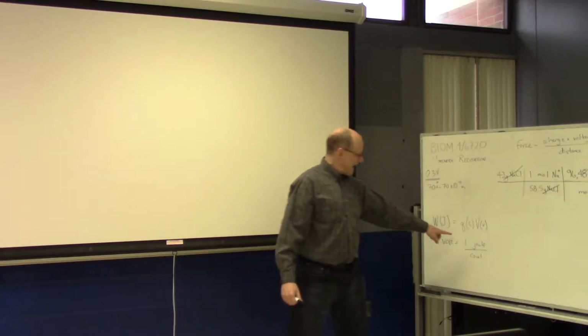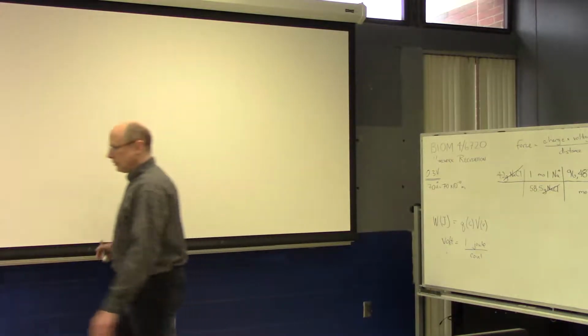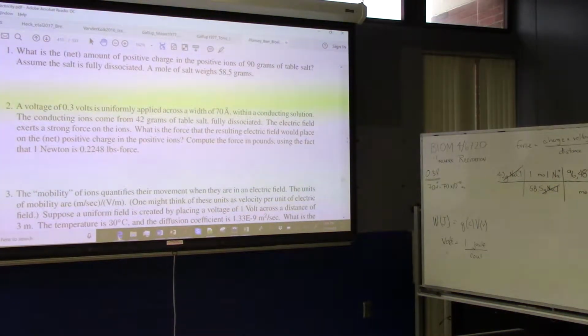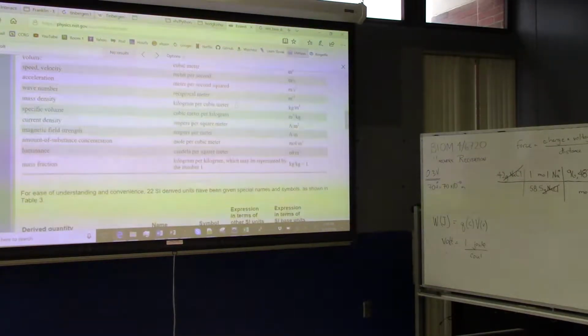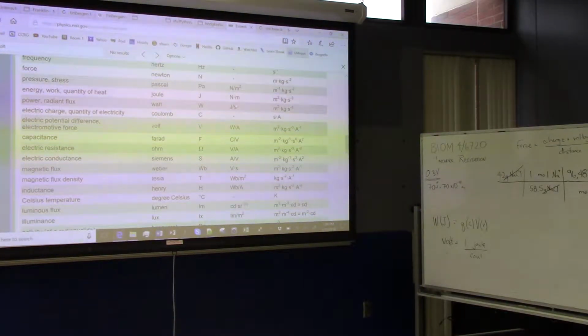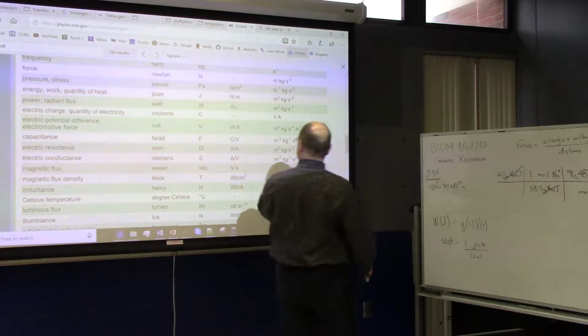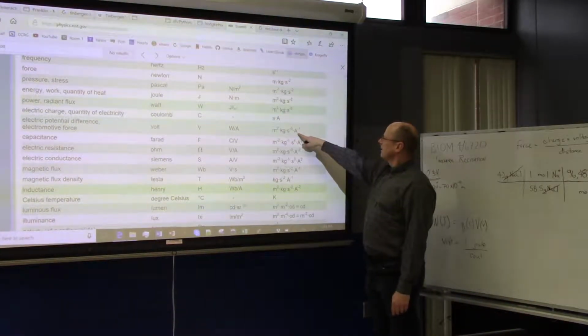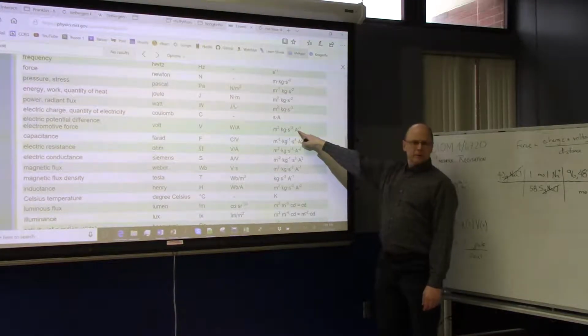And if you broke it down into those fundamental units, where's volt? There it is. That's got to come out to a joule per coulomb.